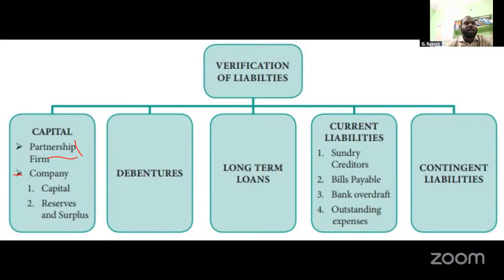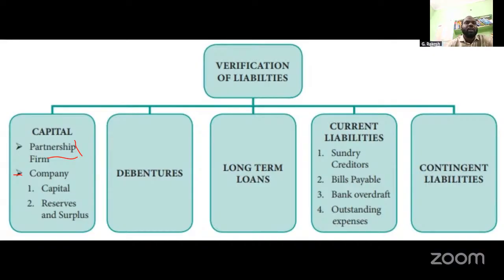Authorized capital, we discussed in our previous class about this also. It is the maximum amount of capital a company is authorized to raise, as stated in the memorandum of association. It can be called registered capital.